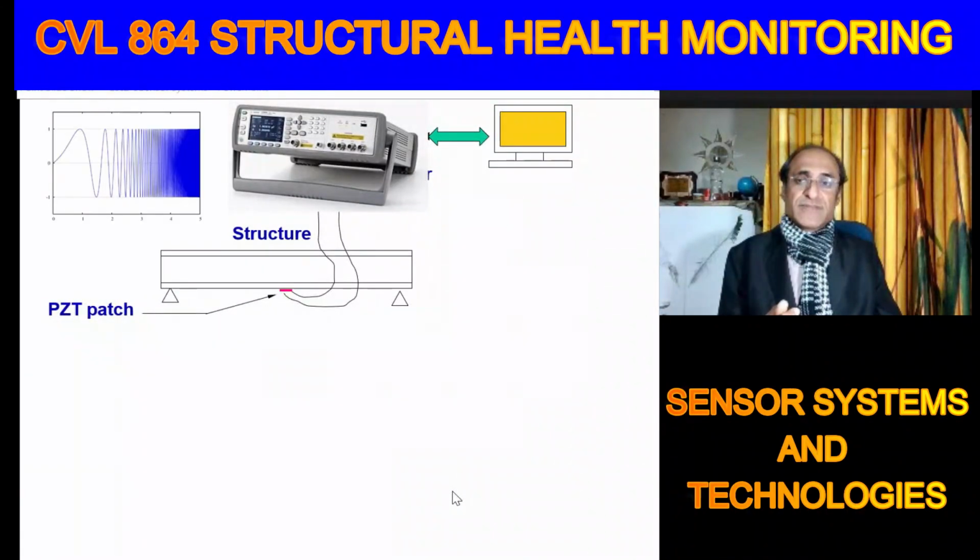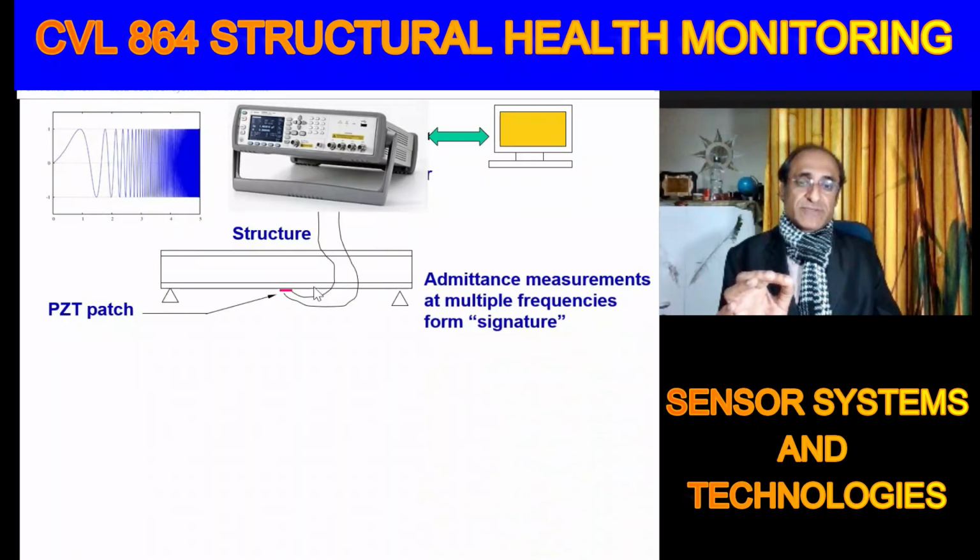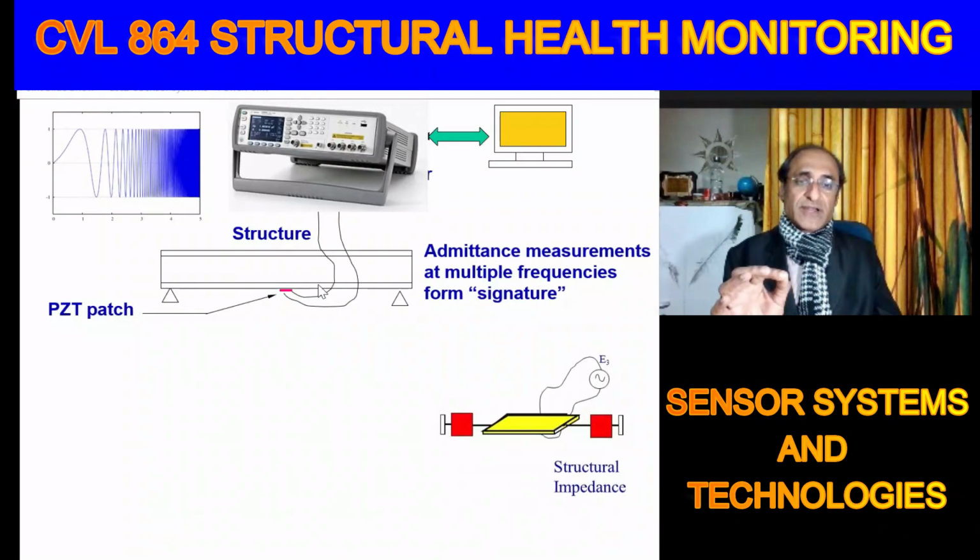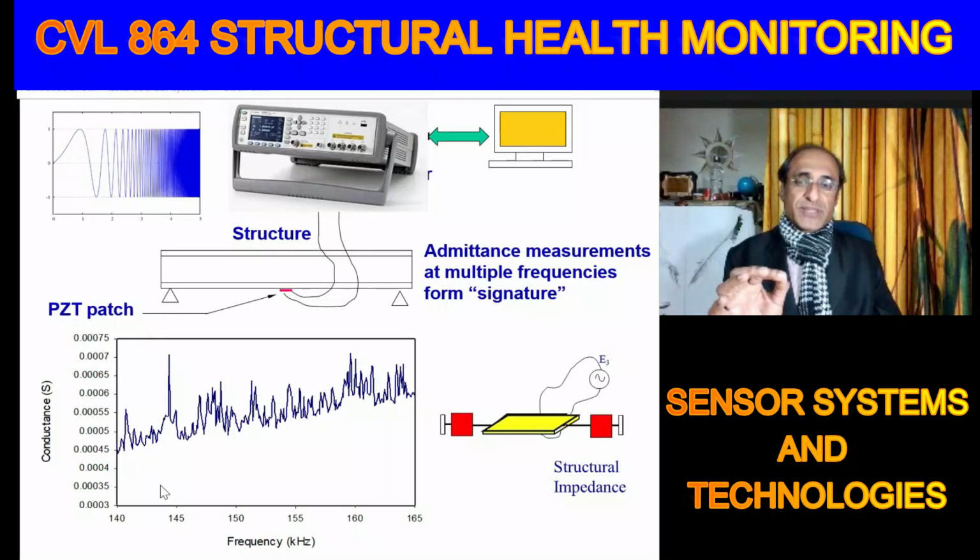So what we do is apply this kind of sweep signal. This LCR meter is capable of doing this kind of sweep measurement. It applies and makes measurement at all frequencies, and we get a collection of all the data points in the form of a signature, and the signature gives us the condition of the structure.